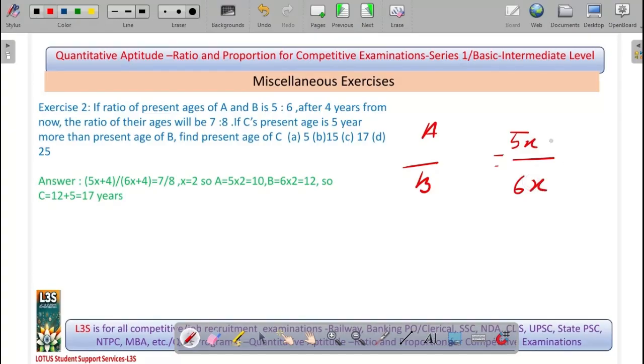Now after 4 years, that means plus 4, 5x plus 4 and 6x plus 4, their ages will be in the ratio 7:8.